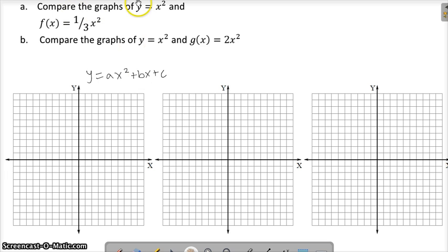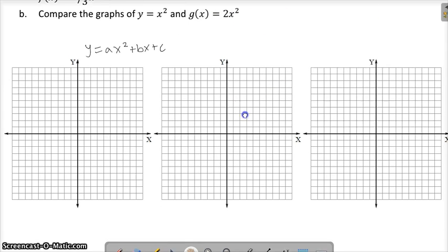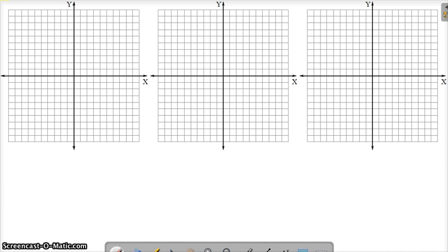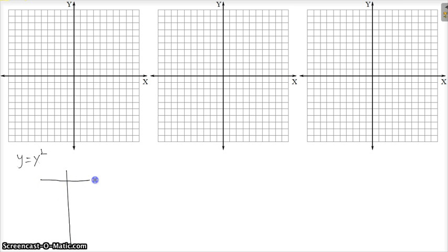So it says compare the graphs of y equals x squared and y equals 1/3 x squared, and then I'm going to compare it with y equals 2x squared. I'm going to start with y equals x squared and see what it looks like. I'm going to start with a set of points and see what happens.